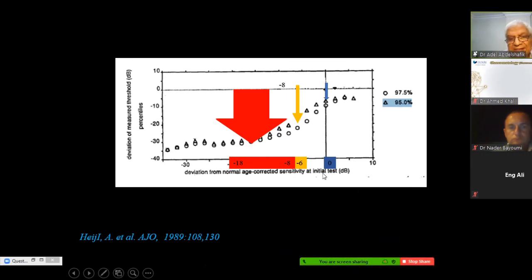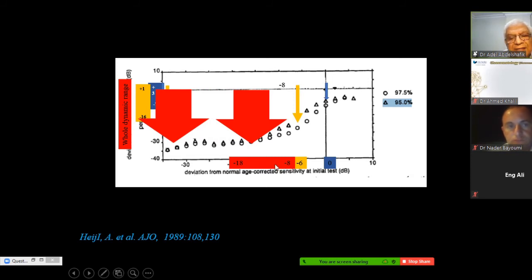Areas where the sensitivity was near normal had a fluctuation in the follow-ups in these 4 weeks between +3 to -7. Areas depressed by 6 from normal, on the follow-up the fluctuation was between +1 and -16. Areas where sensitivity dropped between -8 to -18 from normal had fluctuation through the whole range, from 0 to the full.